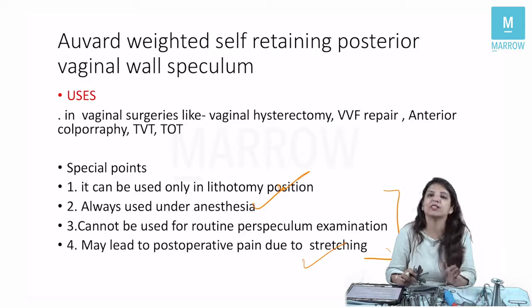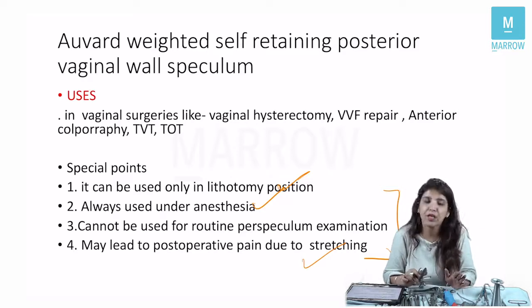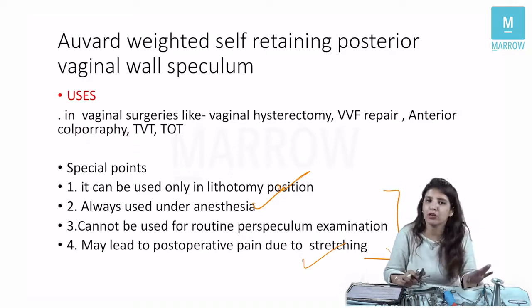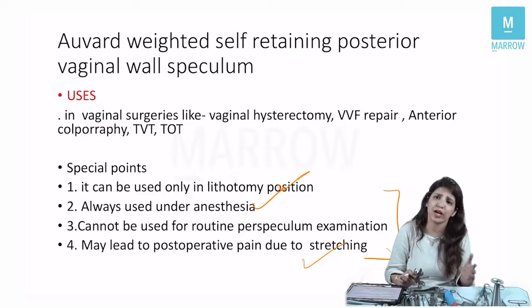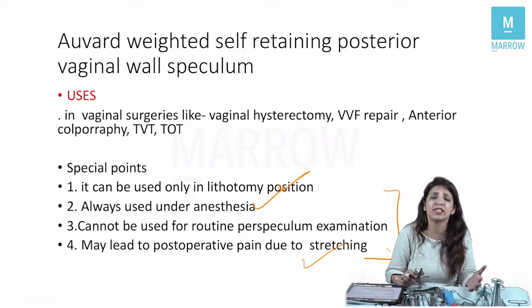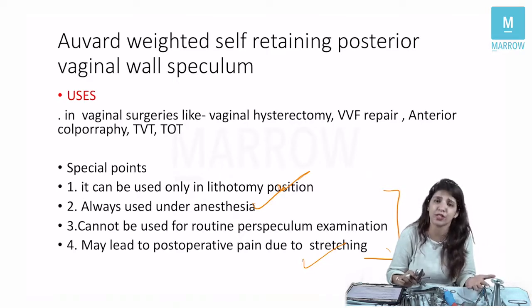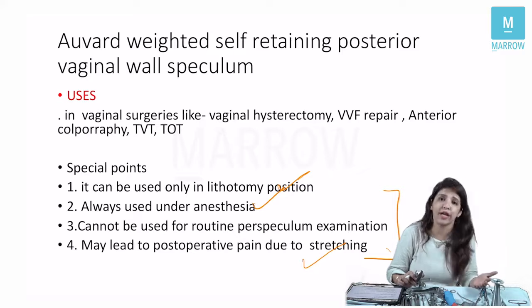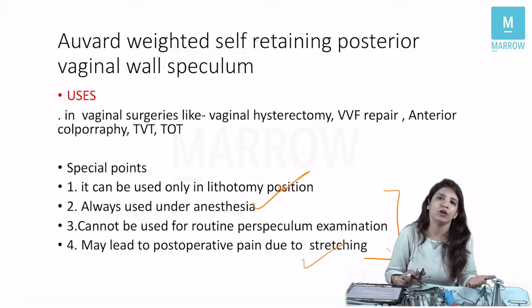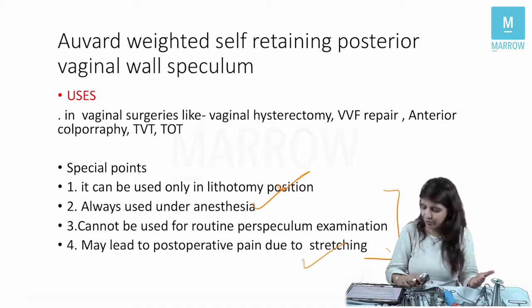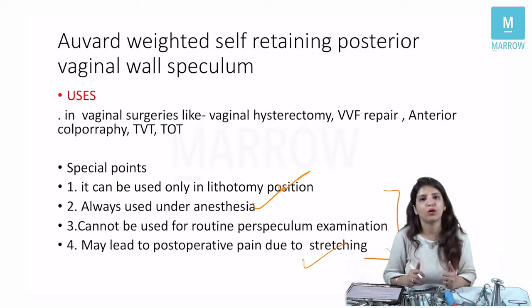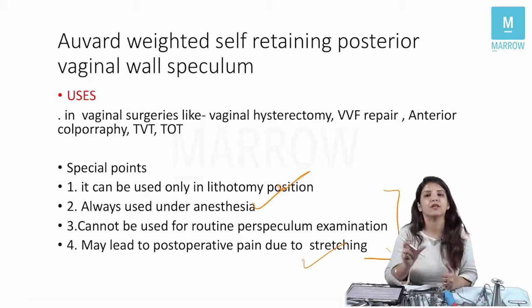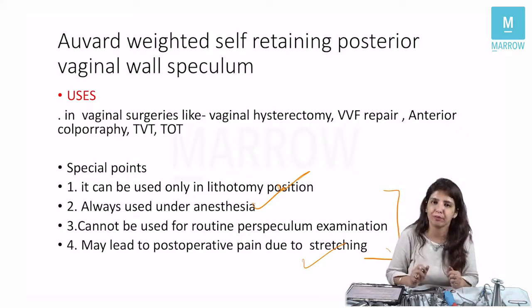And Auvard serves both these purposes, right? It will give you a proper area to operate and it is self-retaining. So when you are doing vaginal hysterectomy or TVTs, that is the tension-free transvaginal obturator tape, tension-free transvaginal tapes, or anterior colporrhaphy, in all these surgeries you are going to use Auvard self-retaining speculum, right?